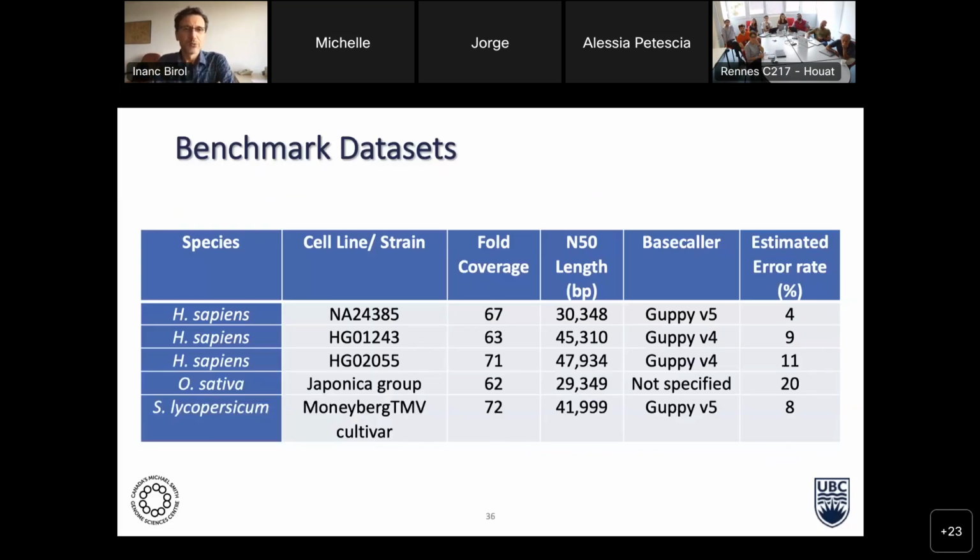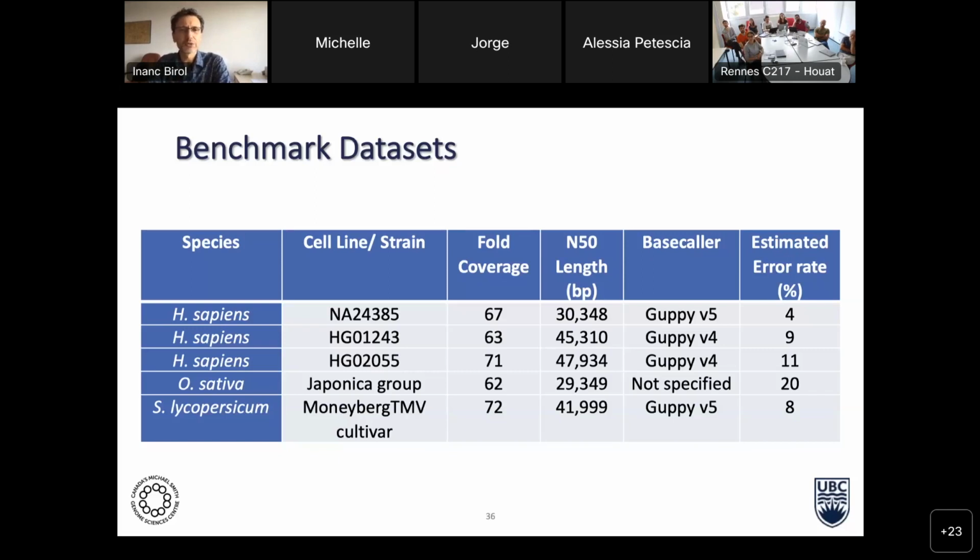All right, so some benchmarking results. We have tested GoldRush on a number of human genome cell lines and two plant genomes, a rice genome and a tomato genome. All these sequences have some fold coverage around 60 to 70 fold. And their read lengths are also comparable, between 30 to 48, 49, and 50 kb length.